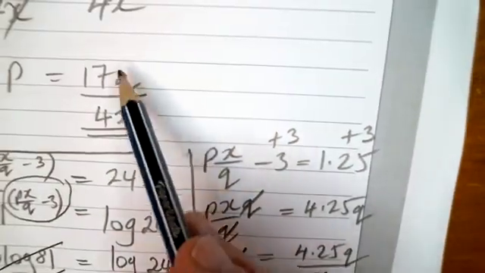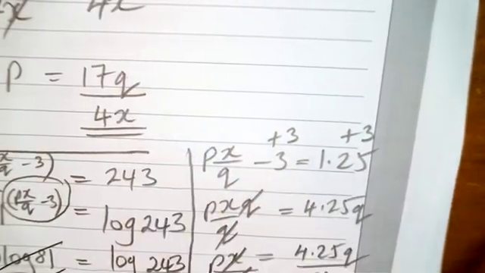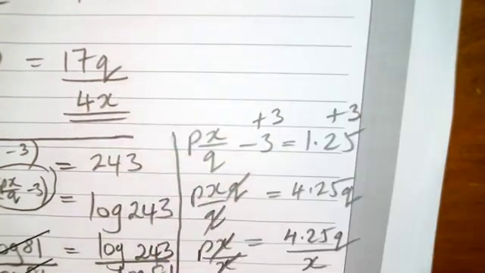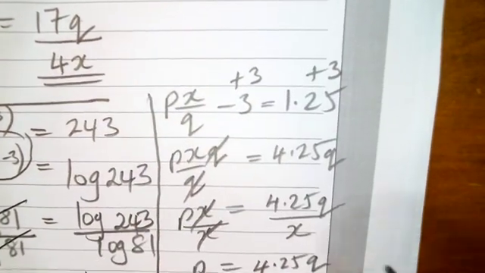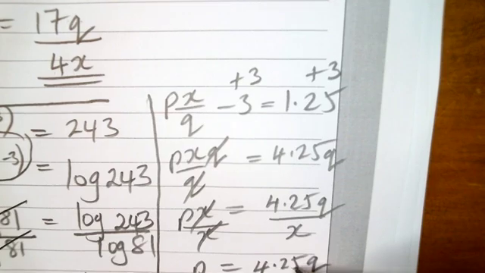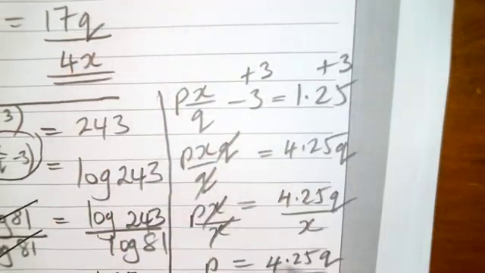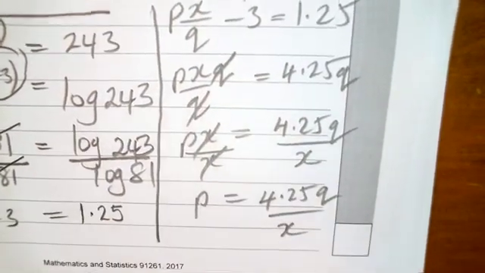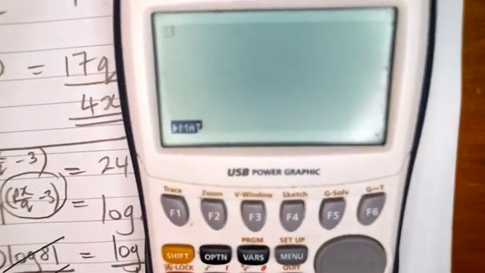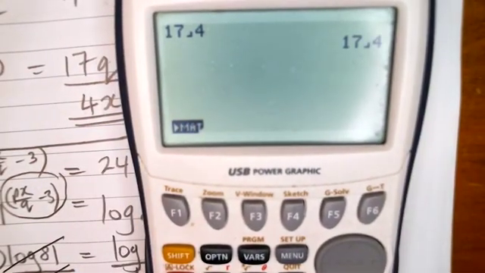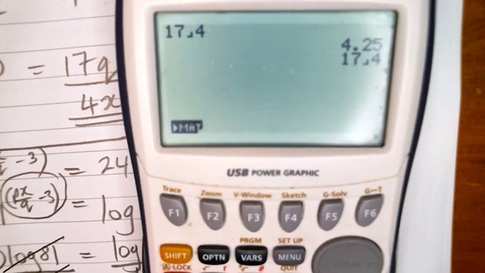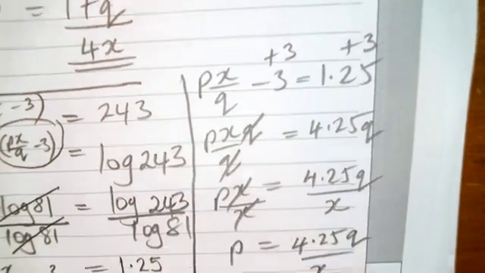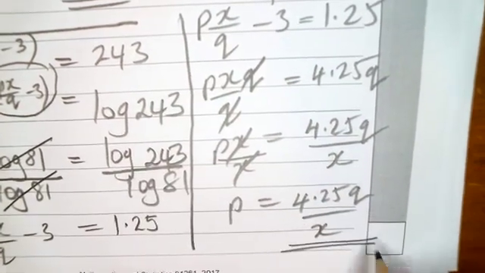Now, last time, of course, we got something very similar. We got 17 on 4, q over x. And I'm sure you can leave it like that. Let's just check, of course, that this is the same: 17 over 4 does equal 4.25. If you weren't sure, you can just go ahead and check it. So I'm pretty sure that you could express it either way.